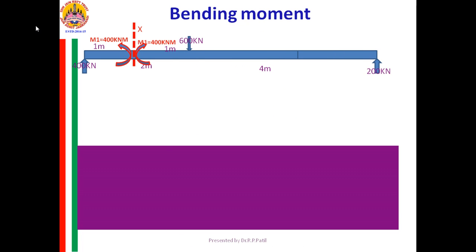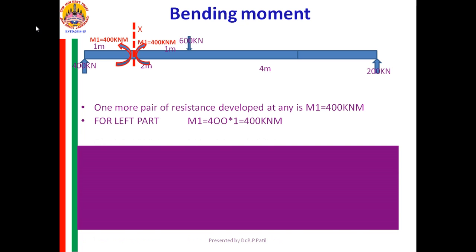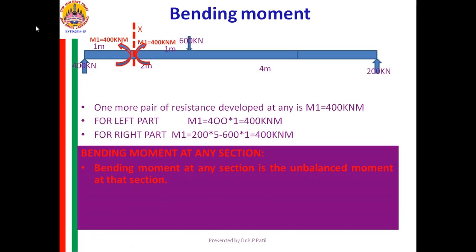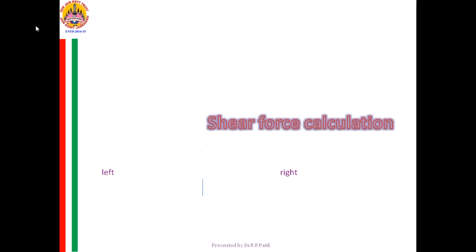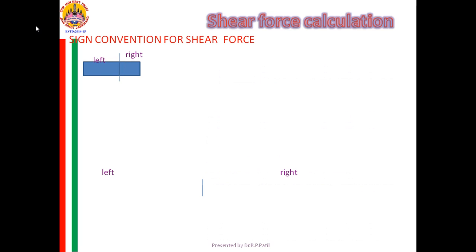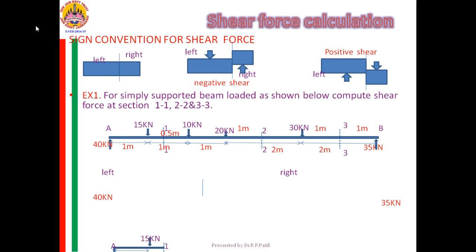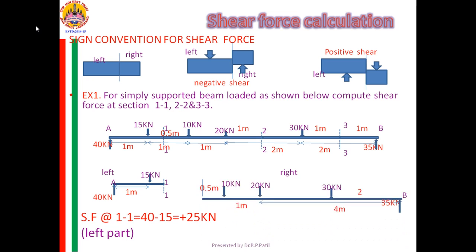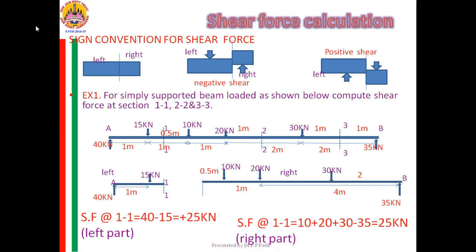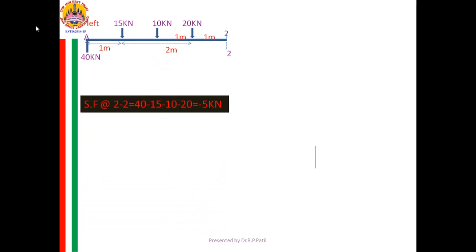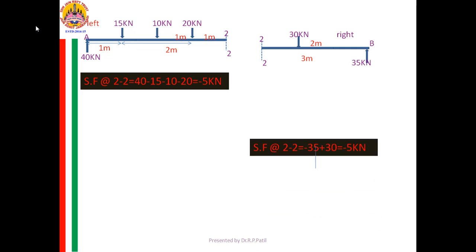We have calculated the bending moment at different sections. Say at 1 the value of bending moment is 400 kilonewton. When you have calculated it somewhere else, here it is 25. Next, here it is 5 kilonewton.